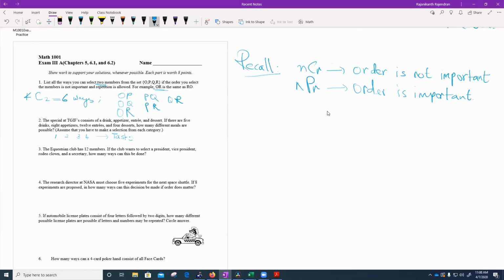So choosing a drink, how many ways could I choose? There are 5 of them, so there are 5 ways. Then appetizers, I have 8, then 12 entrees, and 4 desserts. So you need to multiply them out, right, to find the total number of ways.